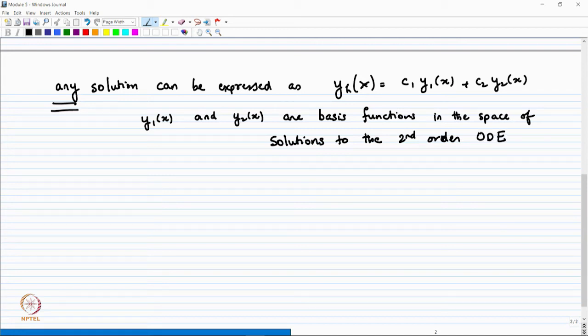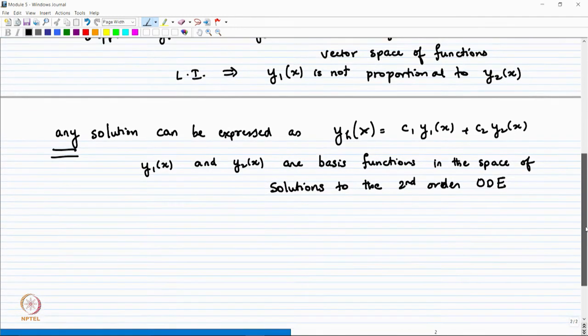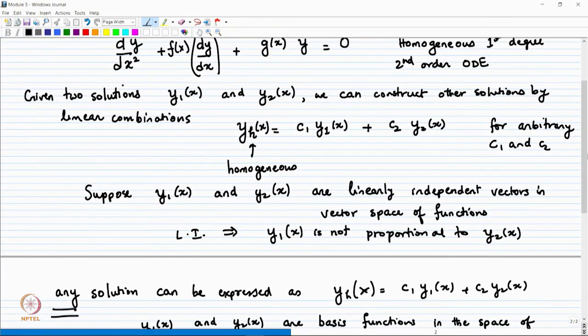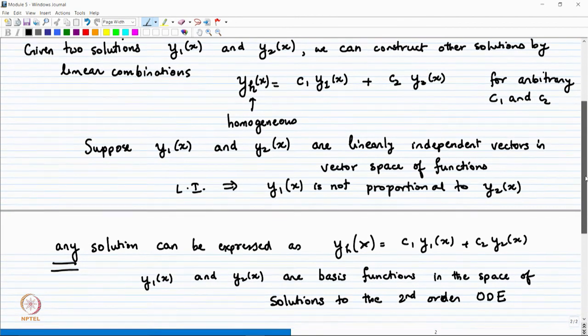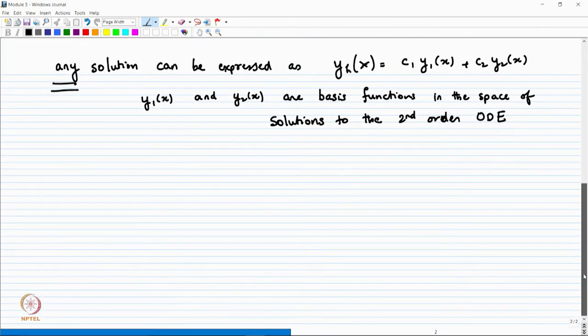This is a very interesting concept: you take all possible solutions of the second order homogeneous differential equation. They form a vector space, and if y1 and y2 are any two linearly independent vectors, they can be treated as a basis for that space of solutions.